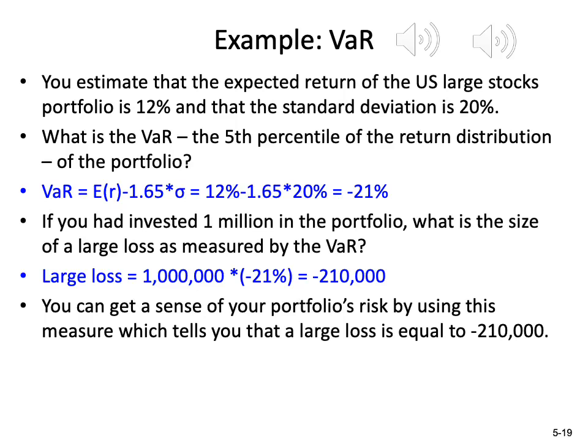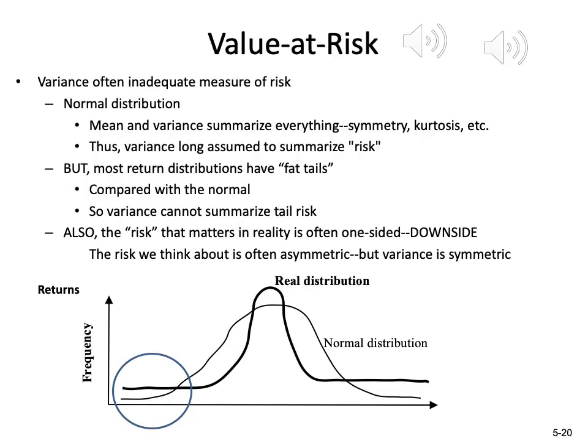Only in the most extreme negative case, which is the 5% on the left tail, you will lose more than $210,000. Value at risk is a very handy tool for people to estimate the left-hand side risk, the extreme negative risk. But one problem with the value at risk is it assumes the normal distribution.